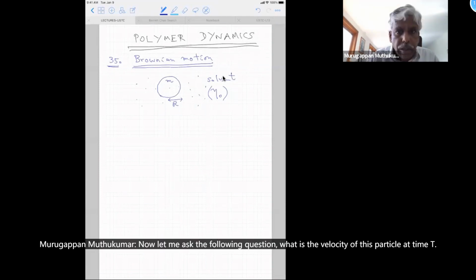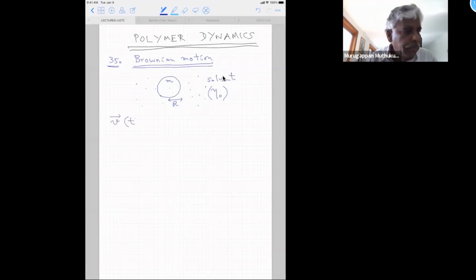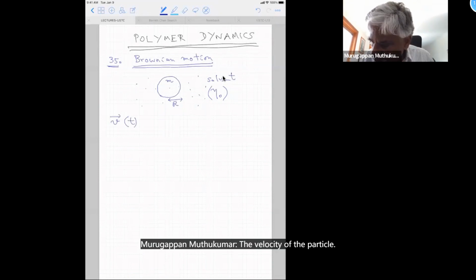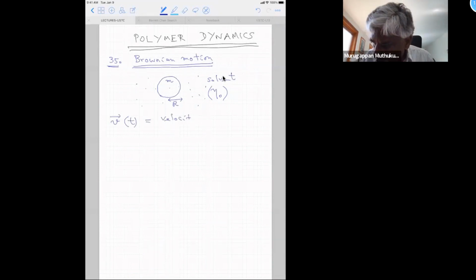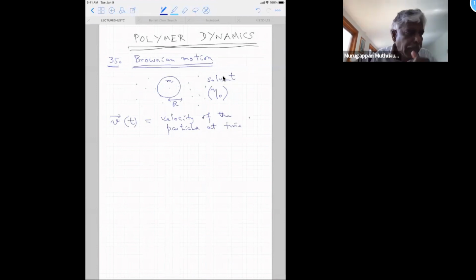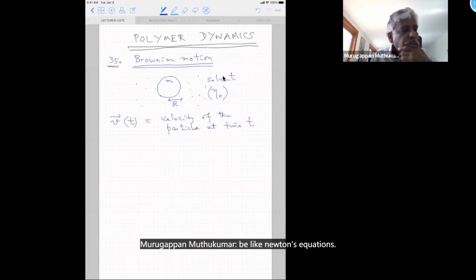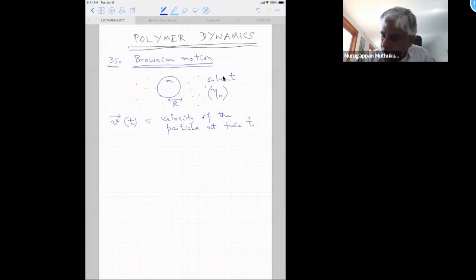Now let me ask the following question. What is the velocity of this particle at time t? This is the velocity of the spherical particle at time t. We write Newton's equation.